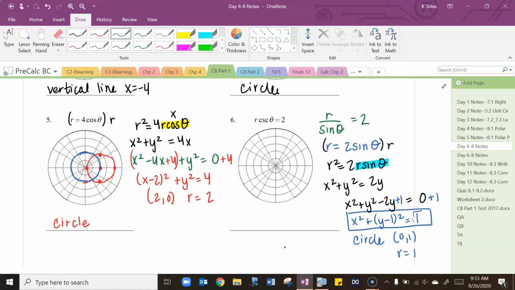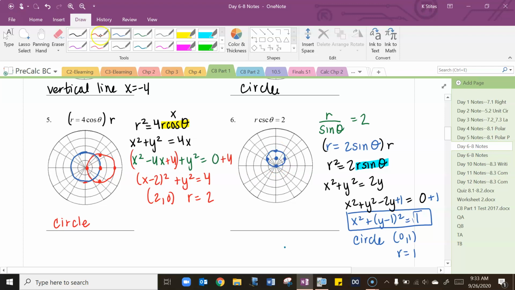All right, so let's graph it first, and then we can check on our calculator if that is correct. So center at (0, 1), and radius of 1. So up 1, right 1, and again, it's kind of hard to draw once you've shifted it. You want to compare it to the circle of radius 1 that's in the center.